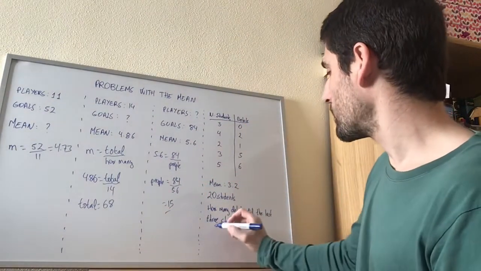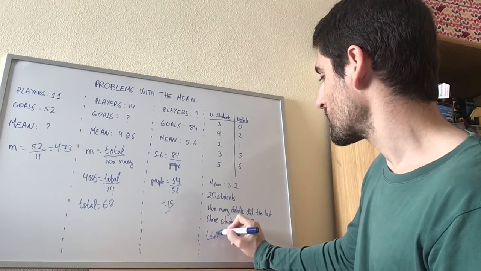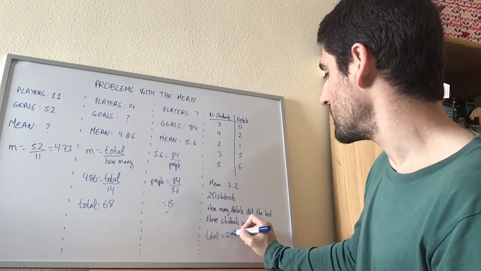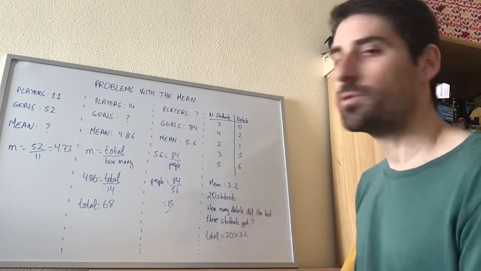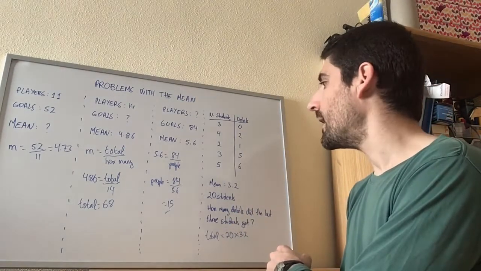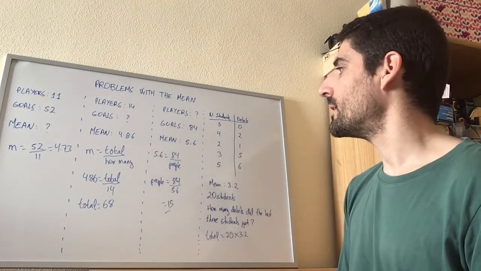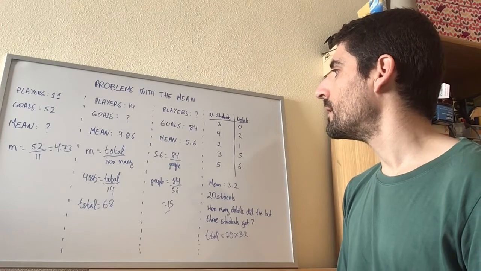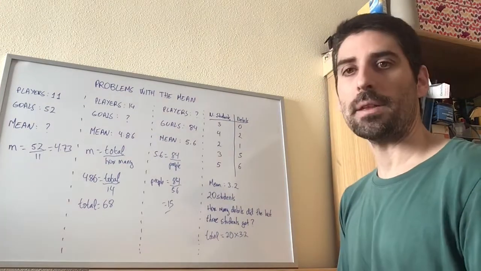Okay, so the total number of debits is going to be the number of students times the mean, which is 3.2. This is exactly like one of the problems we did earlier, I believe. Well, there you go.